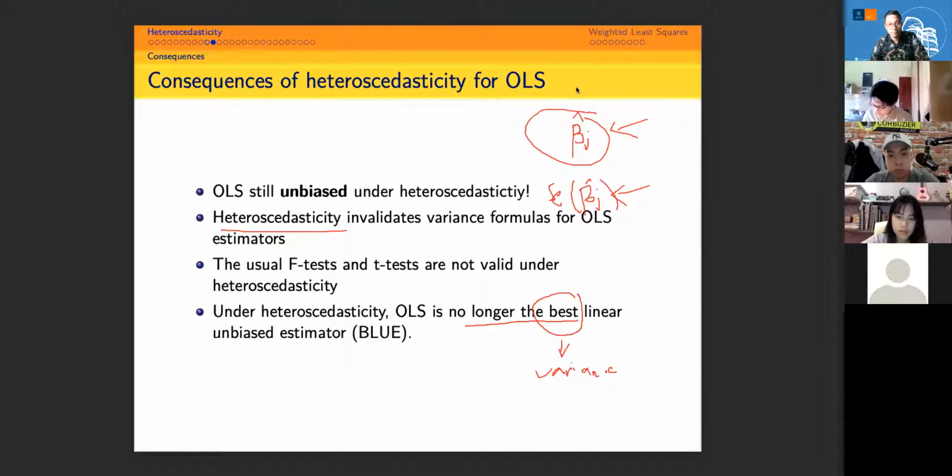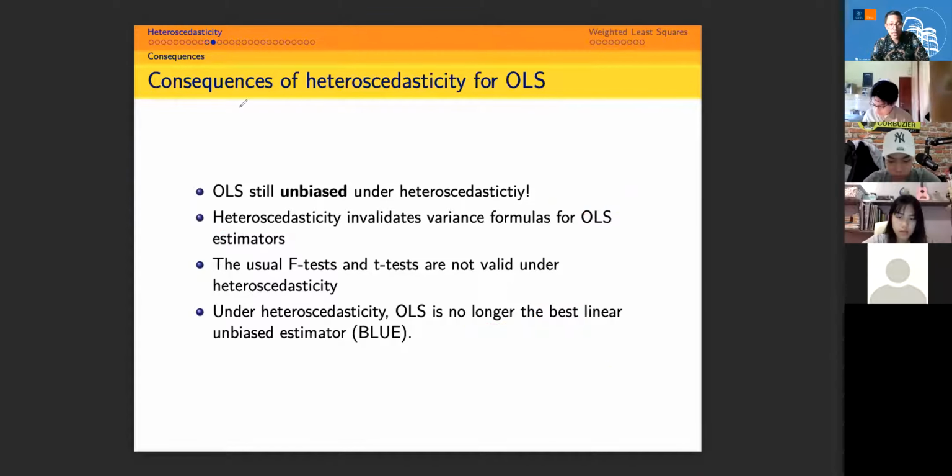All right. Just to recap, the key message in this slide is that you estimate two sets of parameters. The first one is the estimated coefficients. Even though you violate the homoscedasticity assumption, the estimated coefficients are still going to be unbiased, given that the first four assumptions are fulfilled.